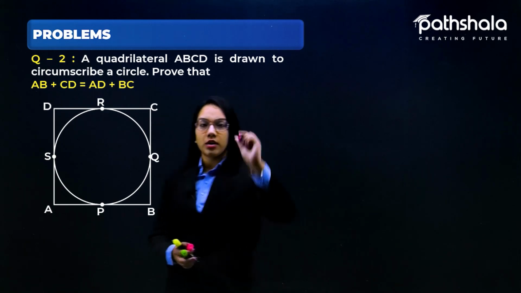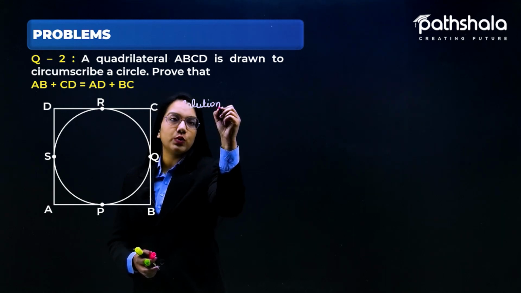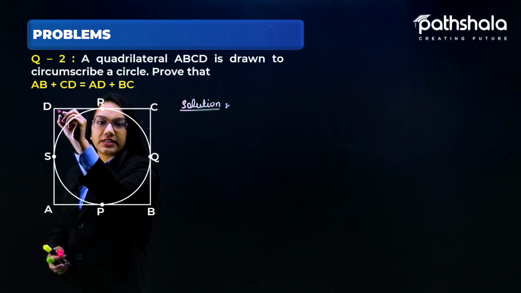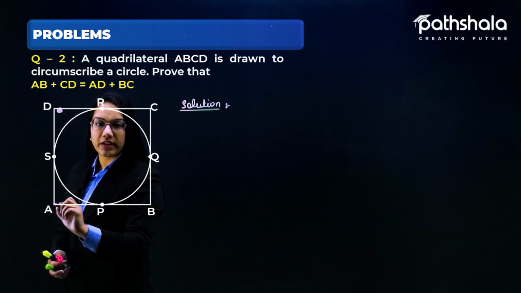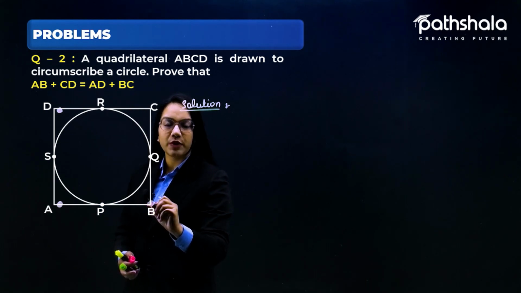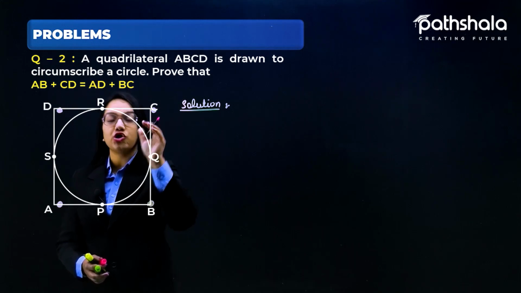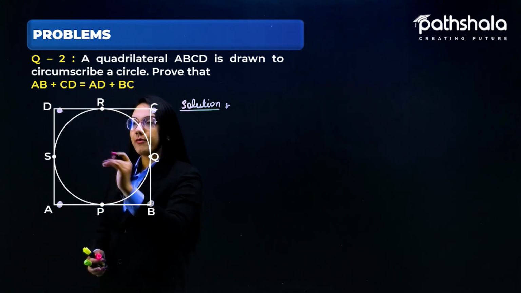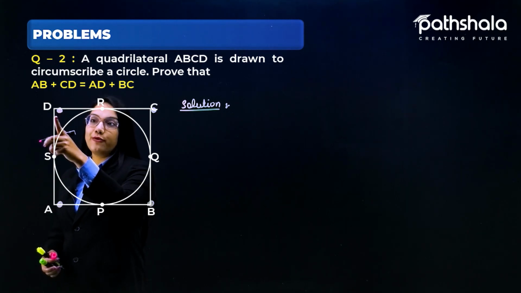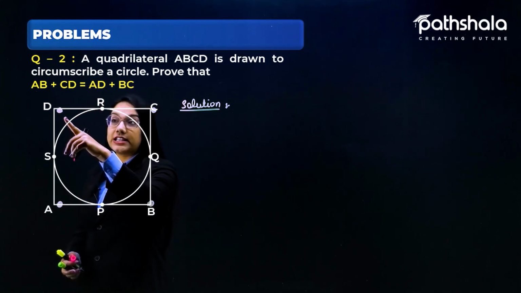First of all, we will start with the external points to the circle. You can see that from this point D, from A, from B, and from C, we have drawn tangents to this circle. This point D is an external point to the circle, and we have drawn the two tangents DR and DS.